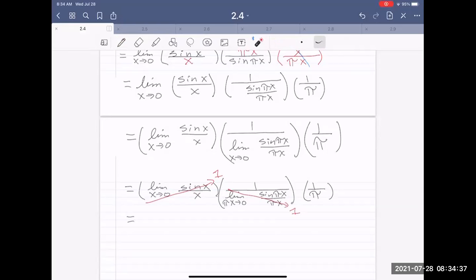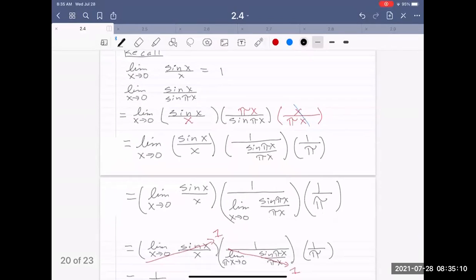So I have here 1 times 1 times 1 over pi is 1 over pi. So as x approaches 0 for that quantity here, I get that it's equal to 1 over pi. Any questions about that? Okay.